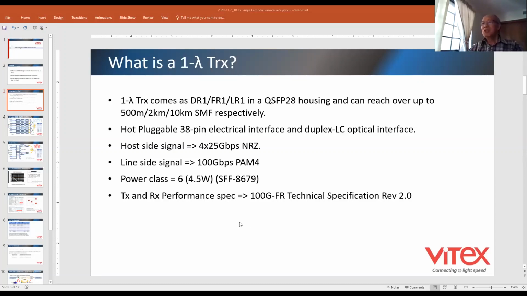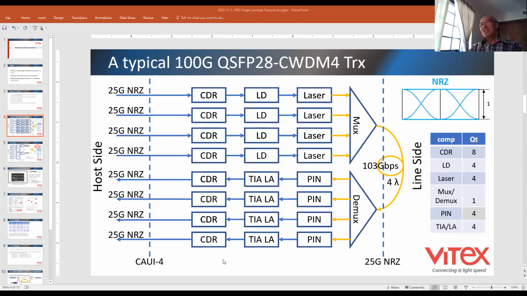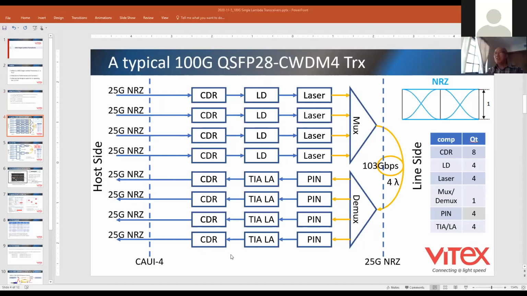Okay, let me move on just a little bit. On a 100G CWDM4, that's how it is. On the left side is all 25G, 4 channels of 25G NRZ coming in to the CDR.